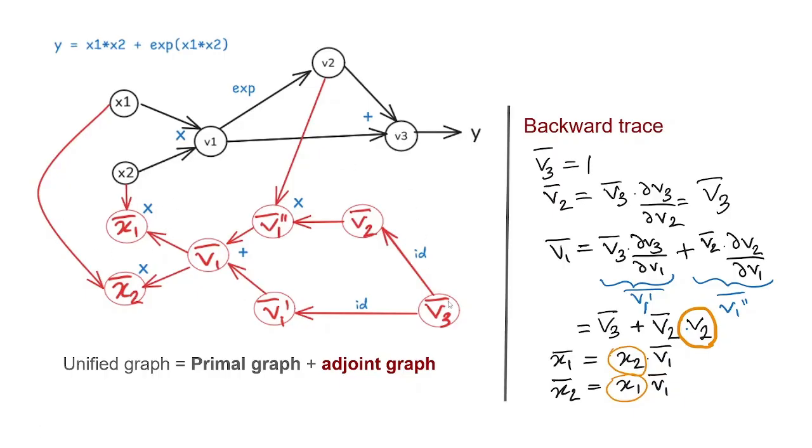Now, one thing to note is when does this adjoint graph get formed? This happens when we call, for example, y dot backward. When that happens, this backward trace is run, and while it is running, the system dynamically forms this adjoint graph.